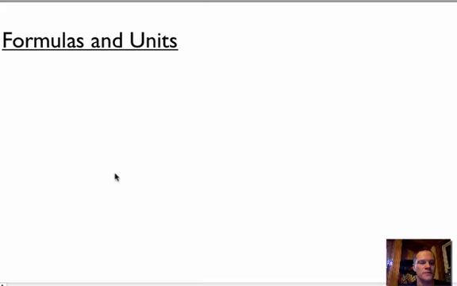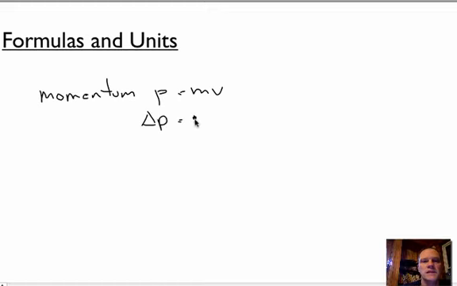So in summary, we have that momentum p is equal to mass times velocity. The change in momentum is equal to mass times the final velocity minus the initial velocity.